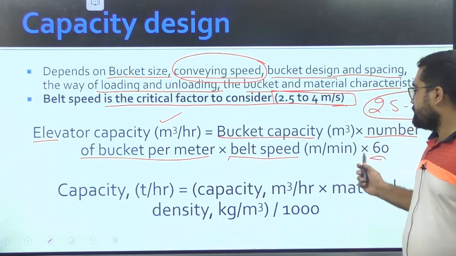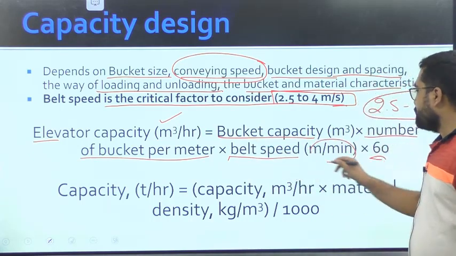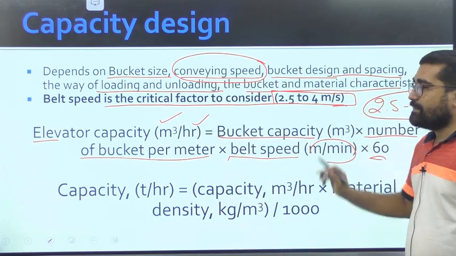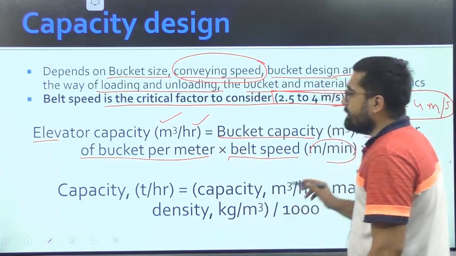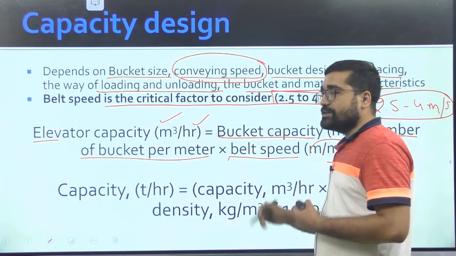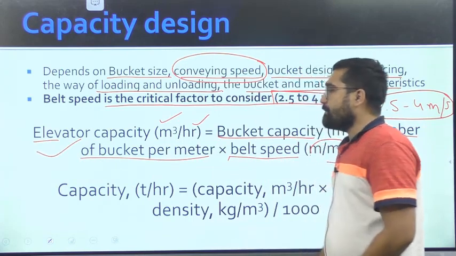This 60 is to convert the speed from per minute into per hour. The speed of the belt is in meters per minute. Then how many buckets are there in 1 meter of length, and what is the capacity of one bucket. This will give the elevator capacity.